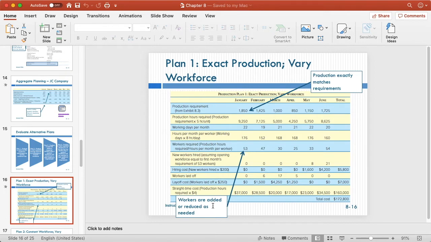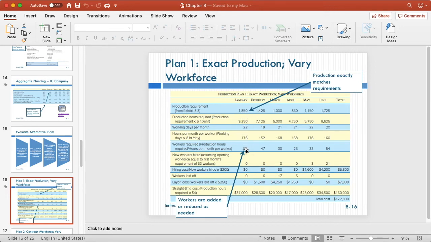In this example, assume that we have exactly this 53 for the first month, so we don't need to hire any new employee. That's why the workers is 53. You directly use 9,250 divided by 176.